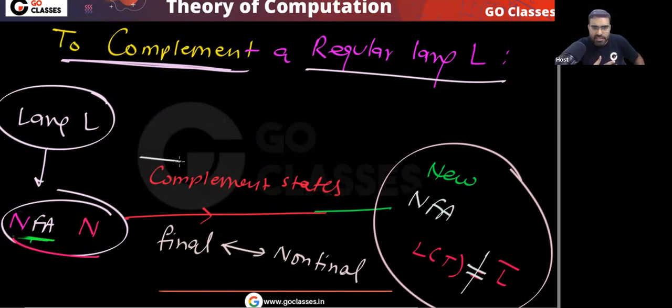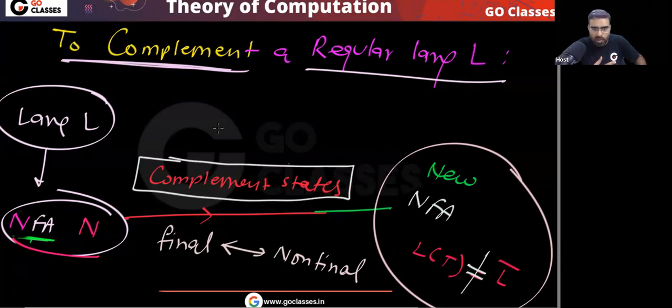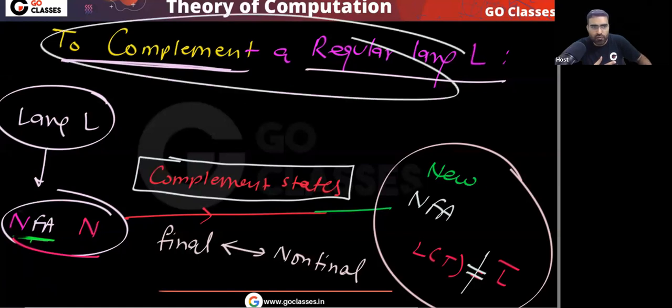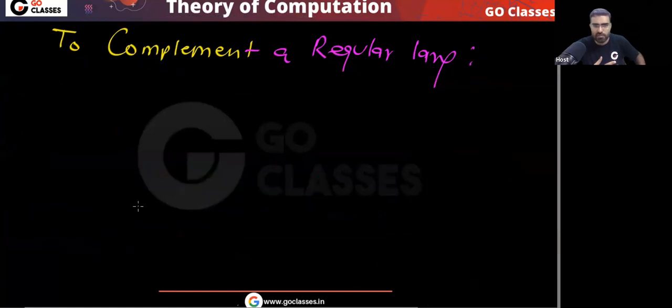So complementing states to get the complement of a language works only for DFA.